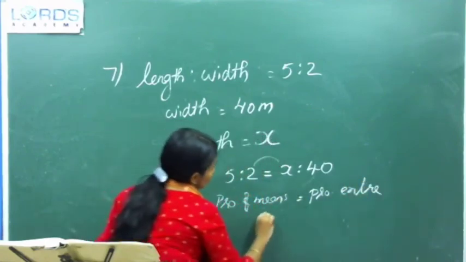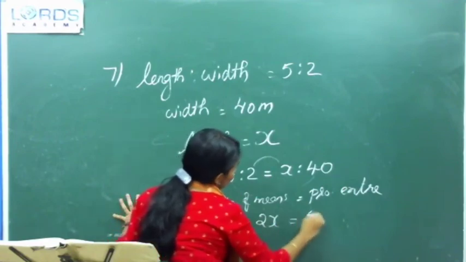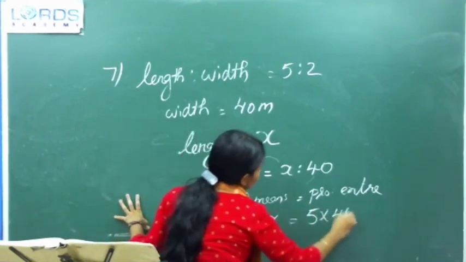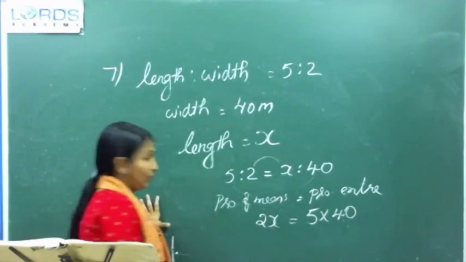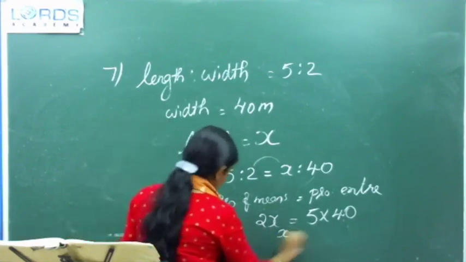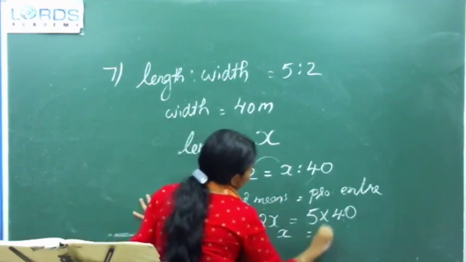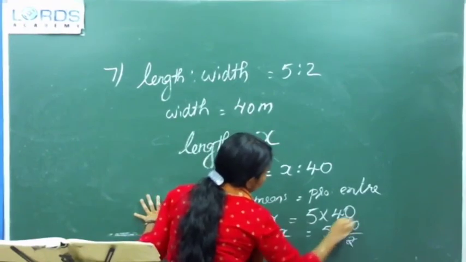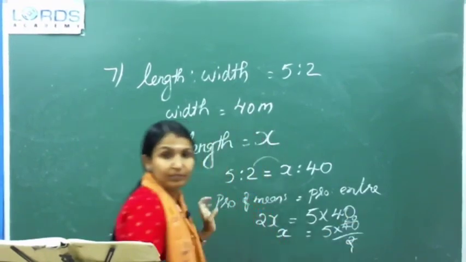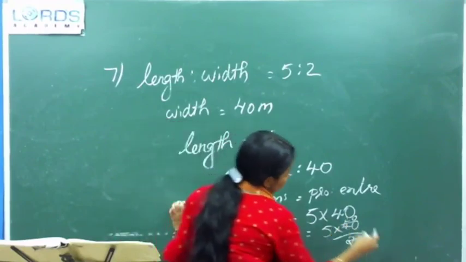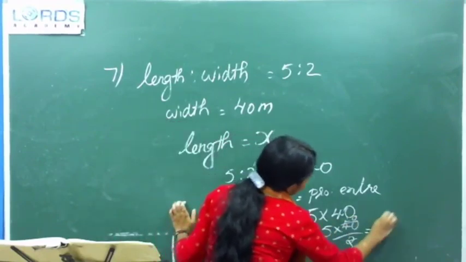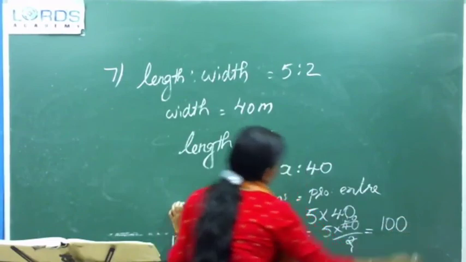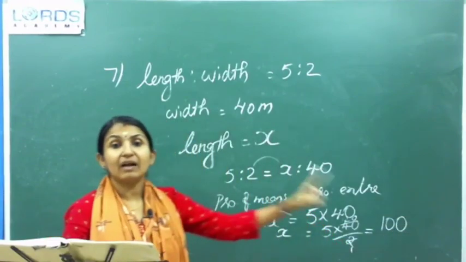So mean is 2x, extreme 5 into 40. To find out the value of x, x is equal to 5 into 40 by 2. 2 in 40, 20 times. So 5 and 20 when we multiply, we got 100. X as 100 we got.